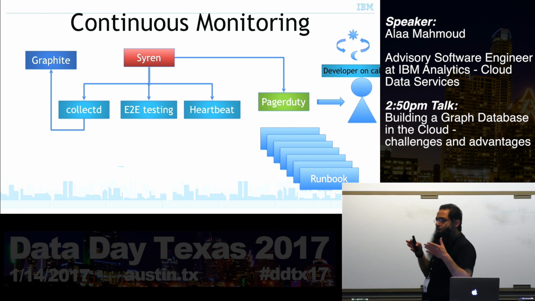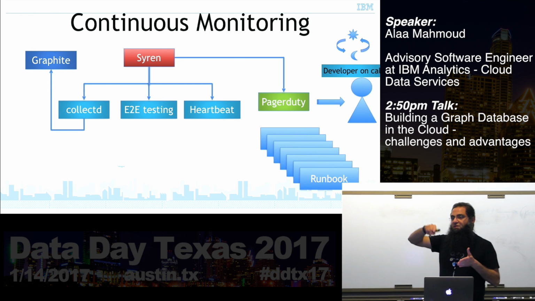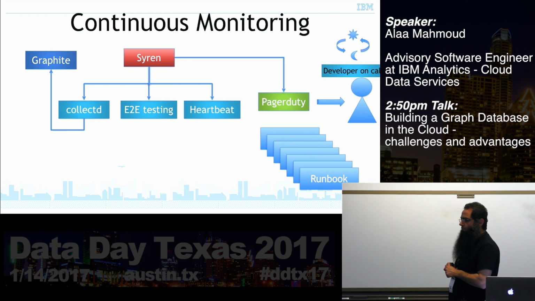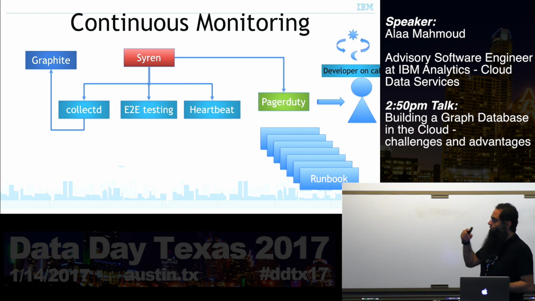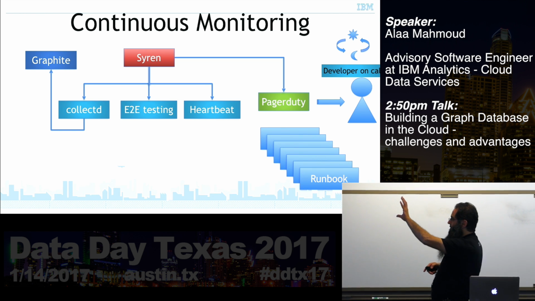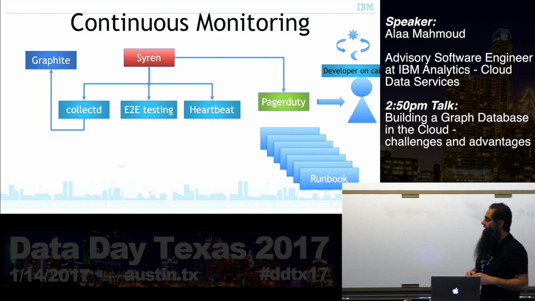We also have systems making sure not just that the servers are running, but that they are actually able to perform all of these processes, like making queries, creating data, and so on. All of these are running all the time, and we have people on duty that can take care of that.